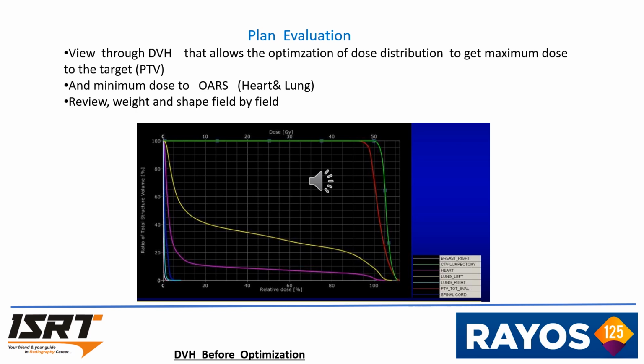View through the DVH, that is the dose volume histogram, which allows optimization of dose distribution to get maximum dose to the tumor, that is the target PTV, and a minimum dose to the organs at risk, in this case heart and lung.